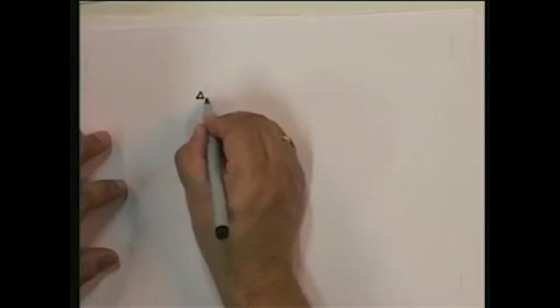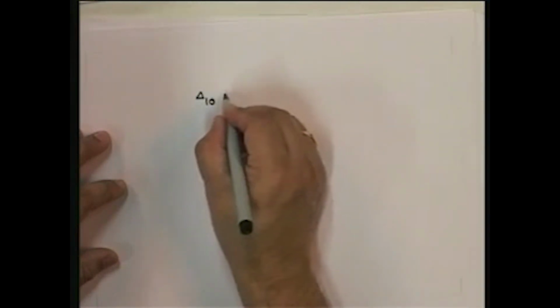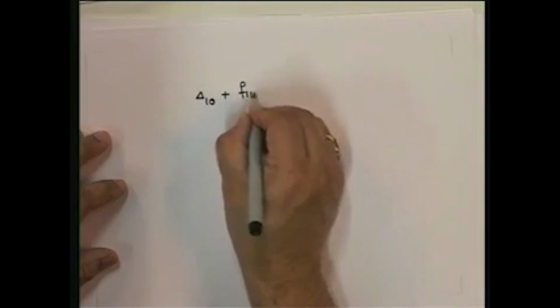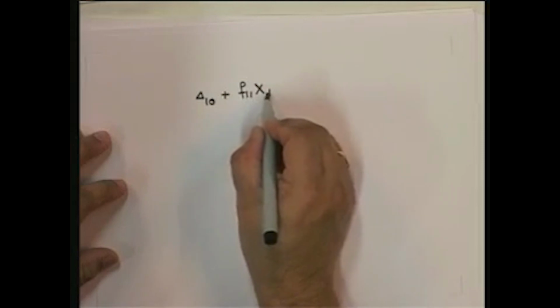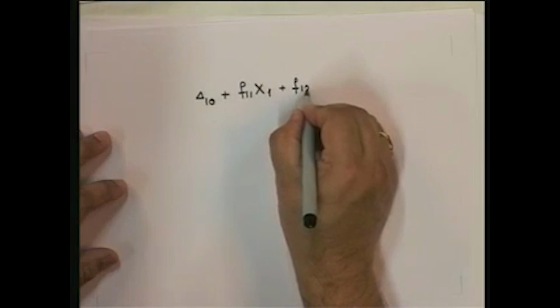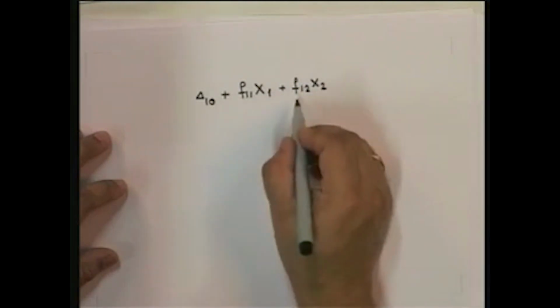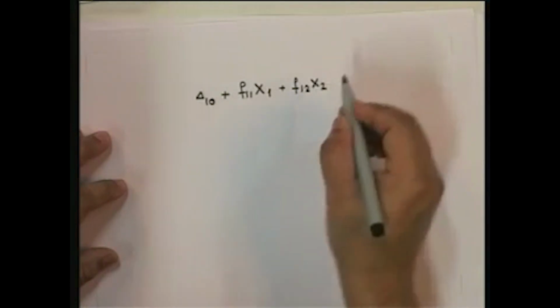If I put them together, I can rewrite the equation in this manner: delta 1 0, the displacement at 1 due to the loading, plus F11 x1, the displacement at 1 due to unit load multiplied by the load itself, plus F12 x2, the displacement at 1 due to unit load at 2 multiplied by x2.